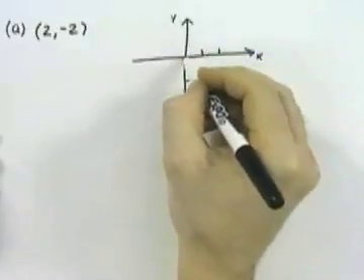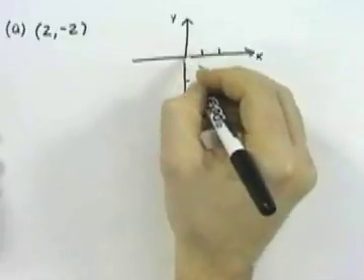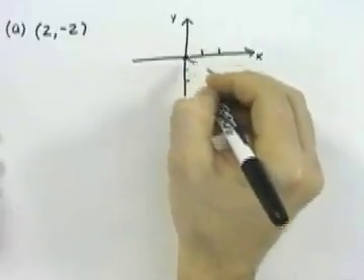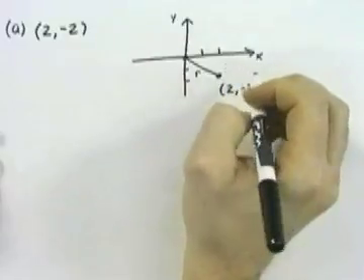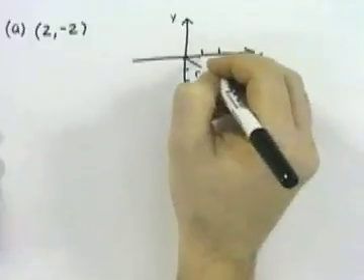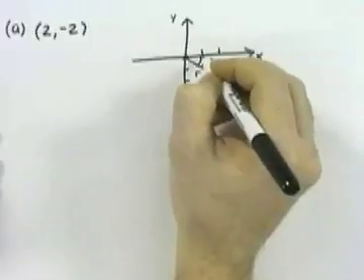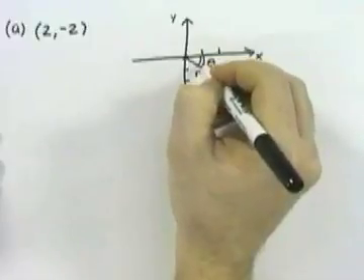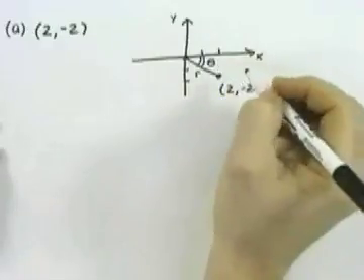Here's our goal: to find the value of r, the distance from the pole to the point, and in addition, the angle theta. We have a lot of different choices here, but probably the easiest thing to do is to select the angle theta that goes in the clockwise direction, so that theta will be negative.